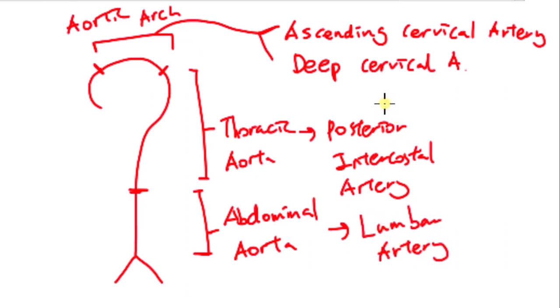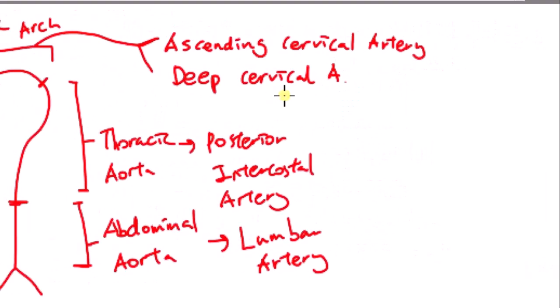So these are major arteries that supply the spine, but it doesn't do so directly. From here, they give rise to smaller arteries that supply the spine.